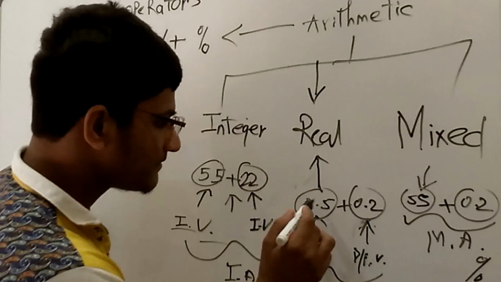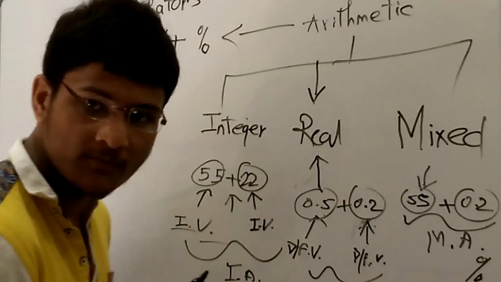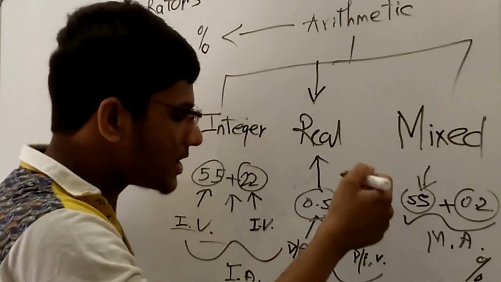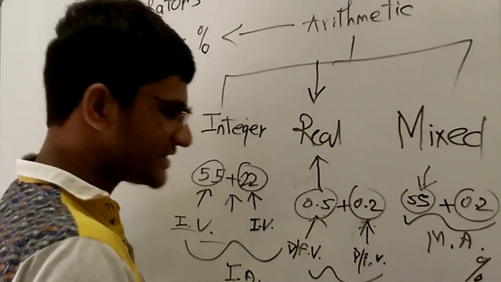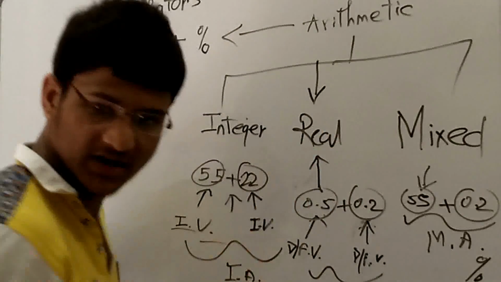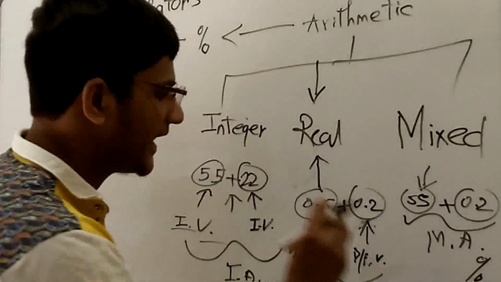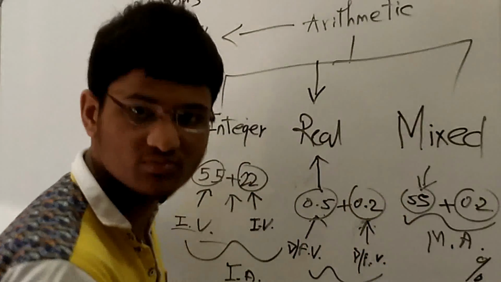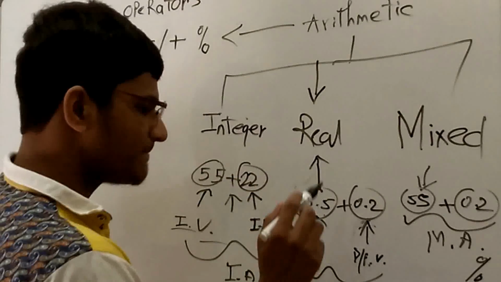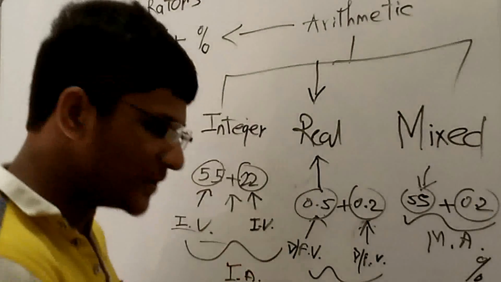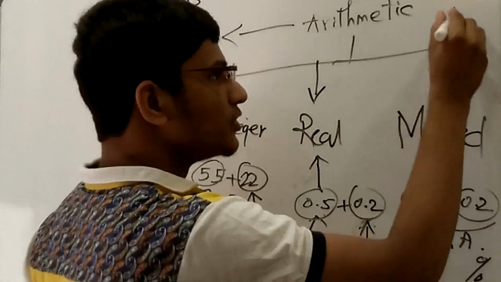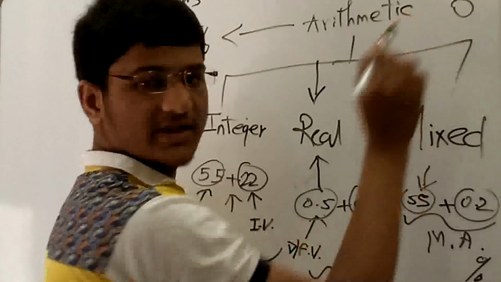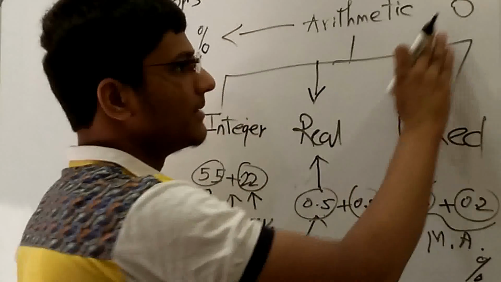So if you are real and you have 0.5 plus 0.2, and you have defined the resultant memory, where you are going to store your result, as an integer variable, so you have created the memory with the int keyword, then the value stored in the memory will be only 0, because our answer comes here as 0.7 and you have defined the memory as only integer memory.